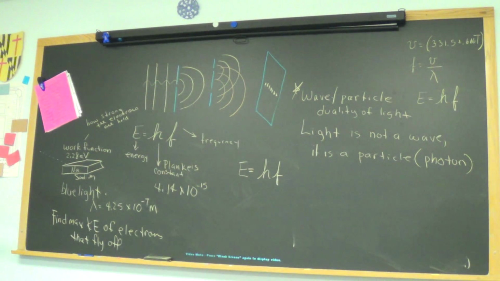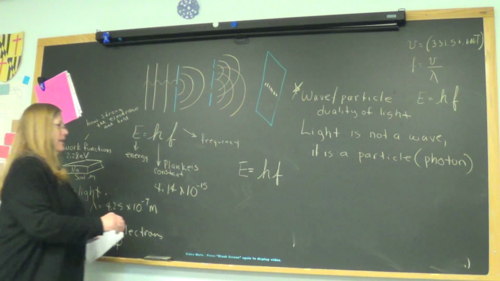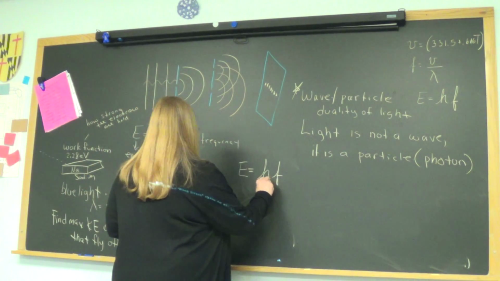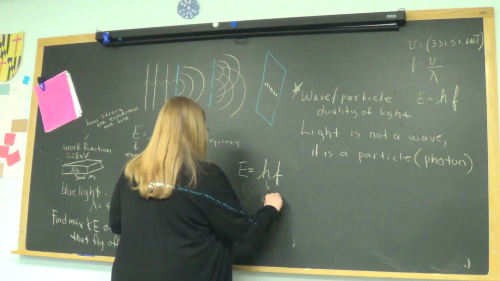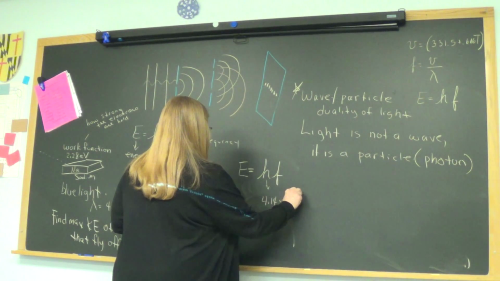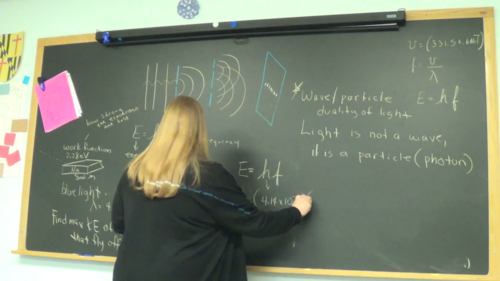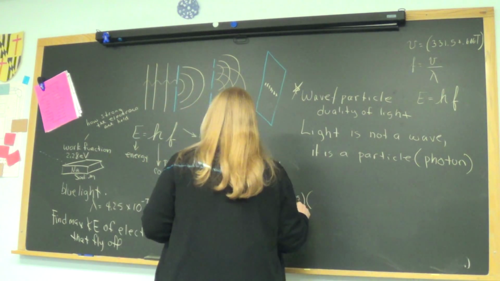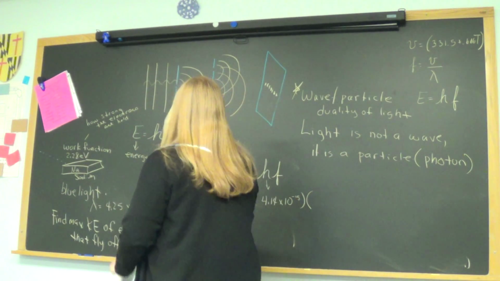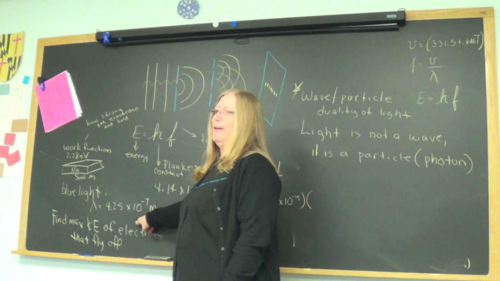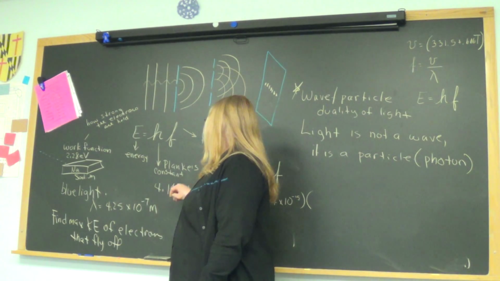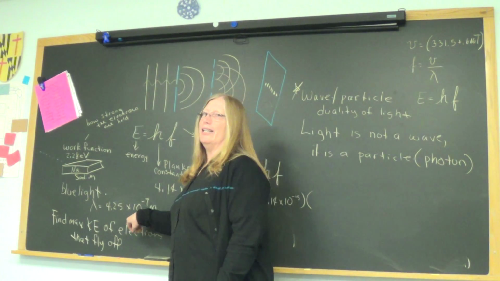We know what h is because it's the same in every problem. It's Planck's constant, so I'll go ahead and put in h. I know the frequency of the blue light. Oh, I don't. I know lambda of the blue light. Where do I have to go to find the frequency of blue light?